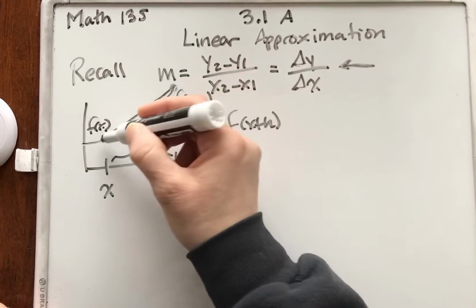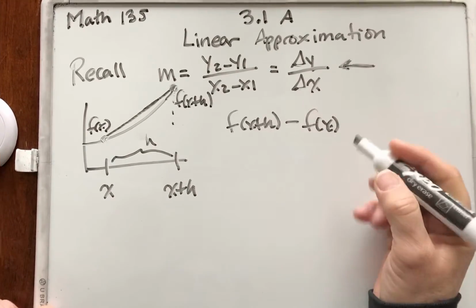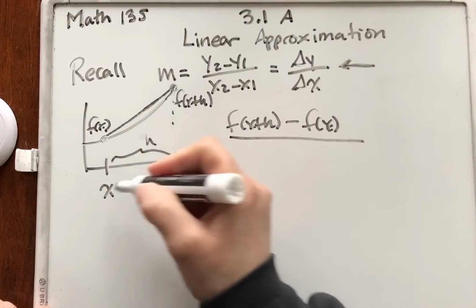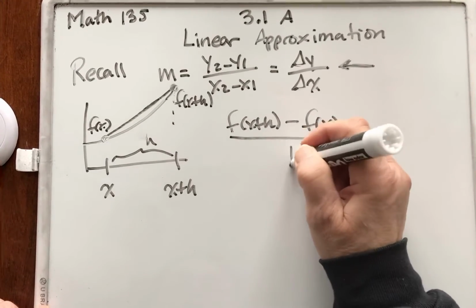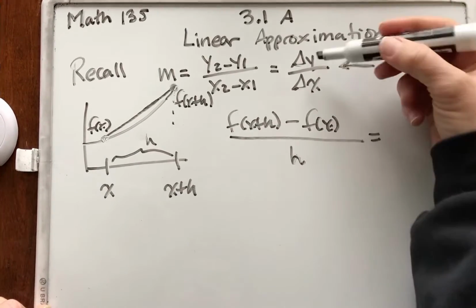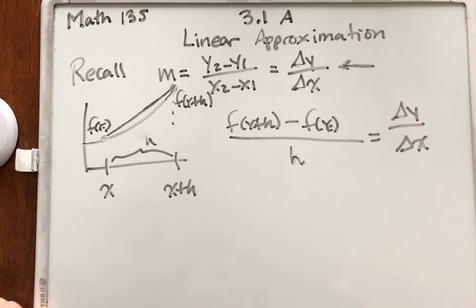This is the y's, and here's our second y, minus f of x. So that's the change in the y's over the change in the x's. And when we take this and minus this, we end up with h. We've done that before. Okay, well, we can say that's the same thing as delta y over delta x.